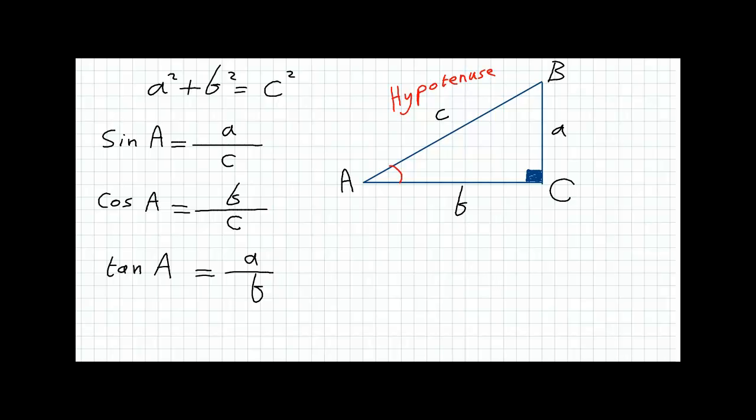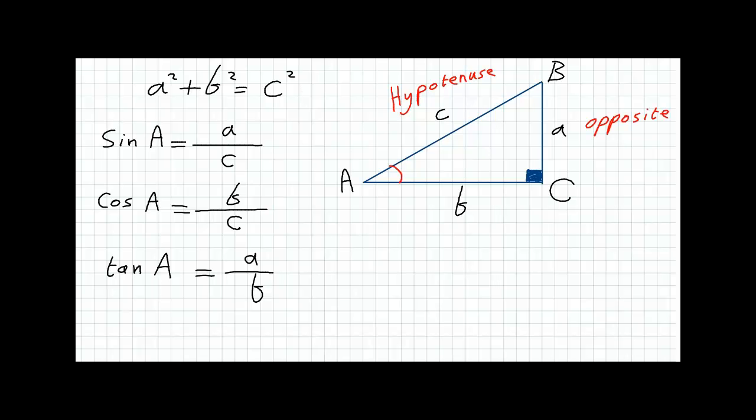The sine of angle A is equal to the opposite side of angle A divided by the hypotenuse. And the cosine of angle A is equal to the adjacent side to angle A divided by the hypotenuse. And the tangent of angle A is equal to the opposite side divided by the adjacent side.